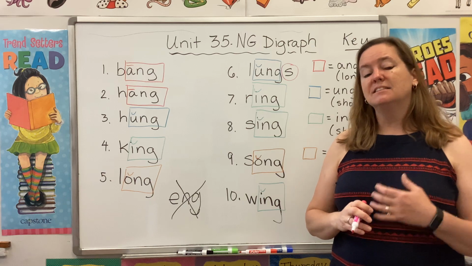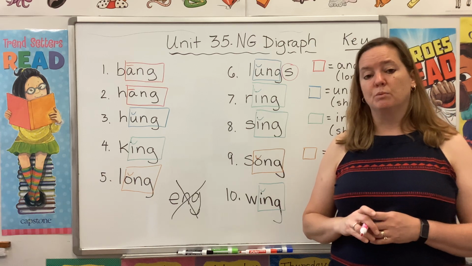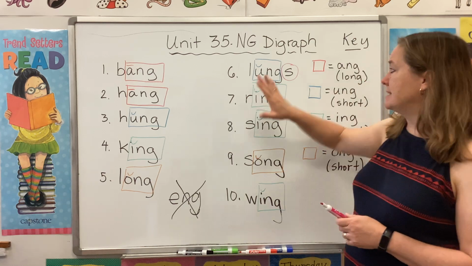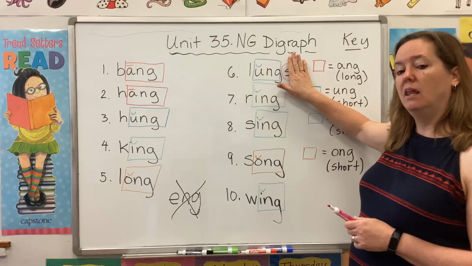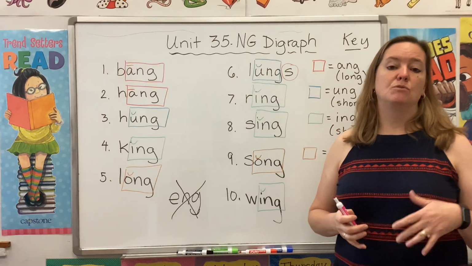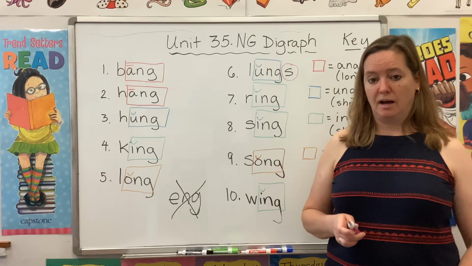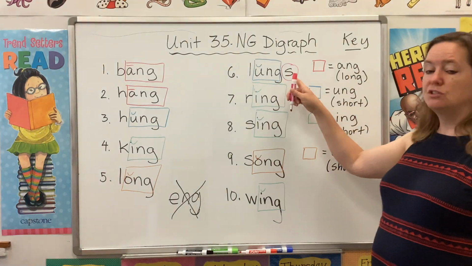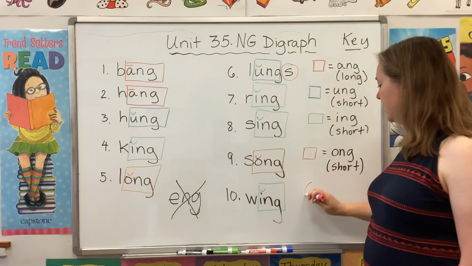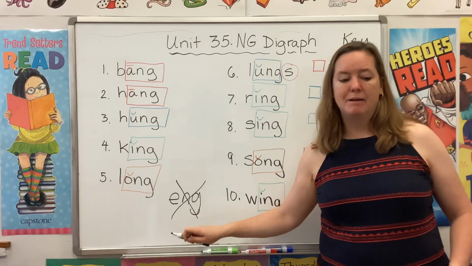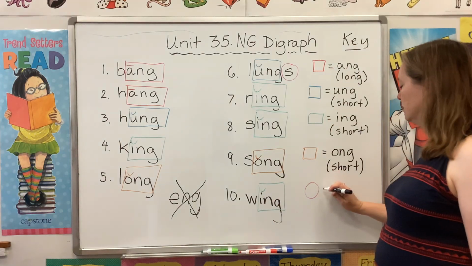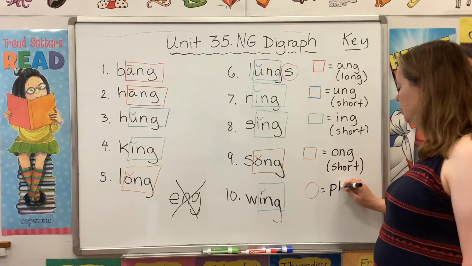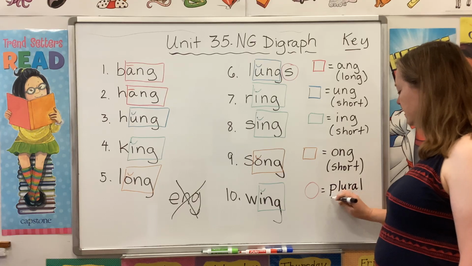That S suffix reminds us that this word is a plural. So instead of talking about one lung, we are talking about 2 or more lungs. Okay, so I want you to circle that suffix, and down below, pink circle equals a plural suffix.